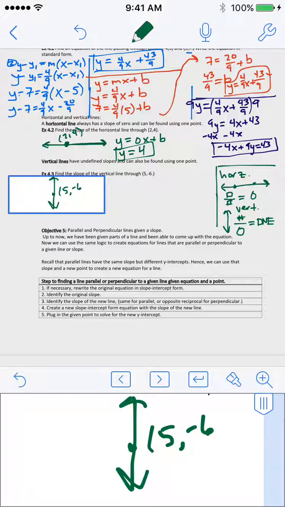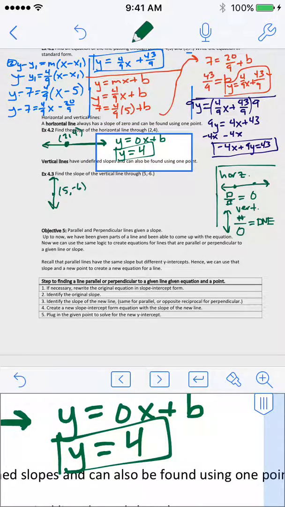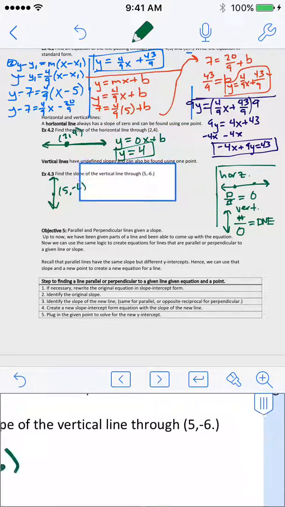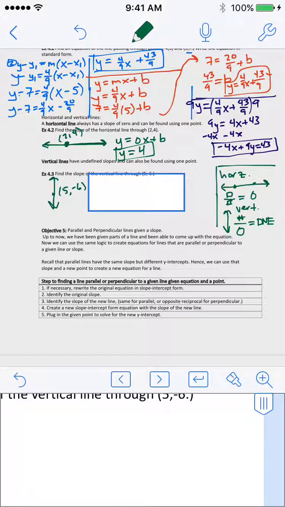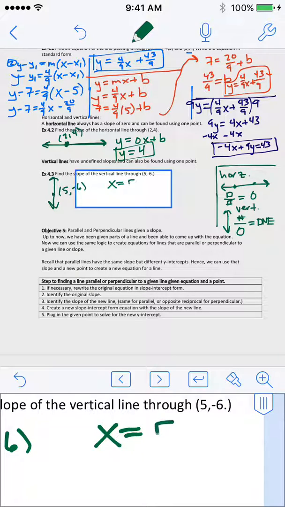Now we know it's not going to be of the form y equals because that has a 0 slope, right? We want no y. So this is going to be of the form x equals something. Since it has to go through (5, -6), that means the x has to be all the 5s, and that is the equation of our vertical line.